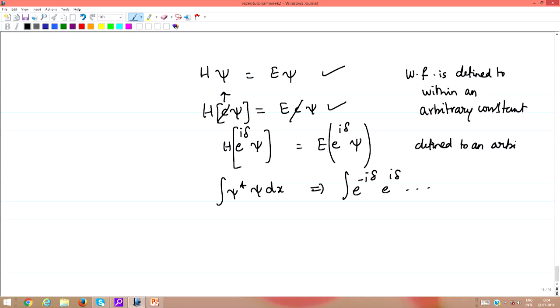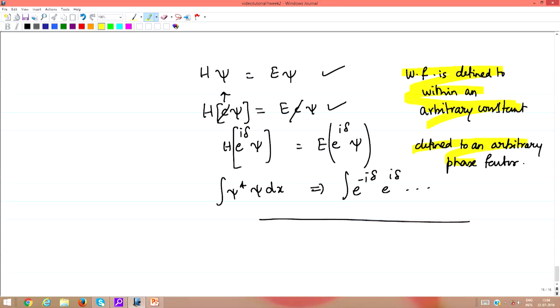The complex phase factor is irrelevant for the wave function overall. The purpose of bringing in this problem is to highlight these two conclusions, namely the arbitrary constant and the arbitrary phase factor. Okay.